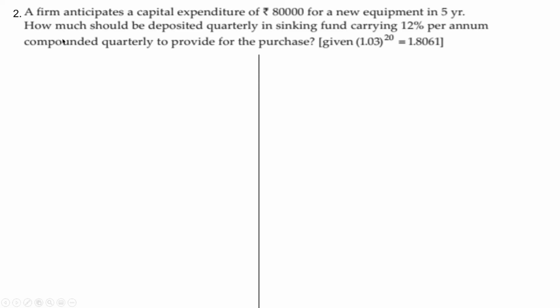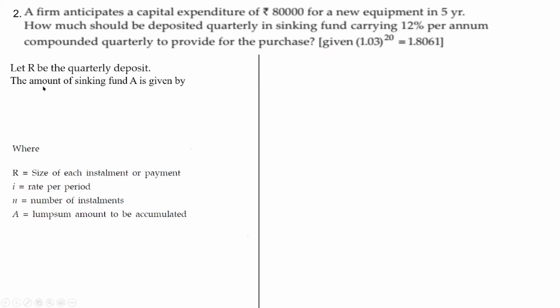We need to find the quarterly deposit. Given 1.03 the whole raised to 20 is equal to 1.8061.